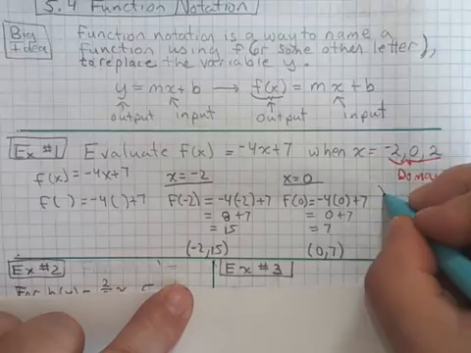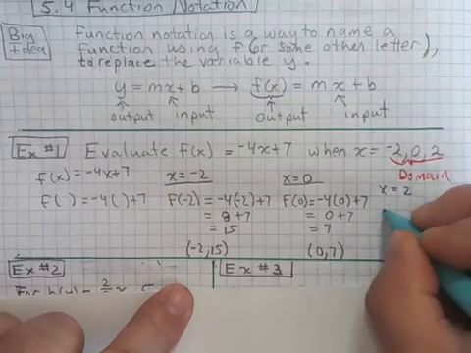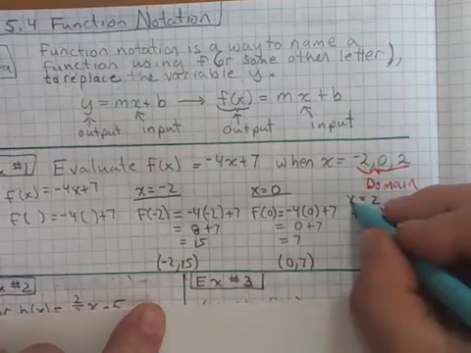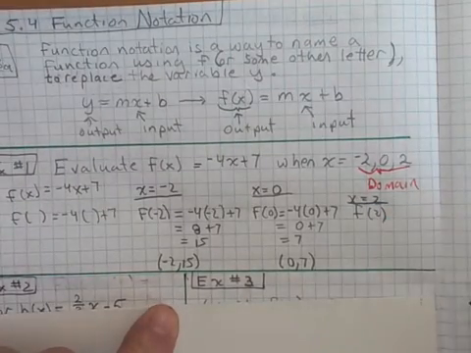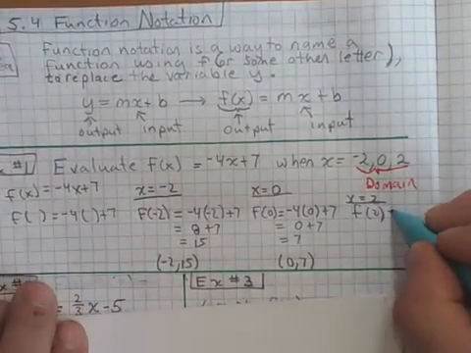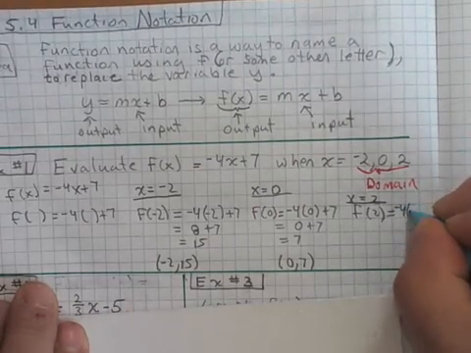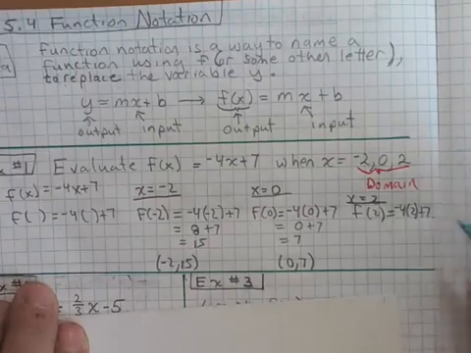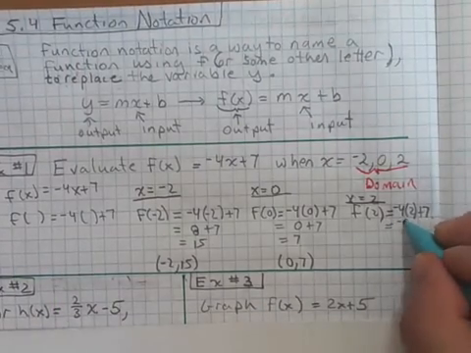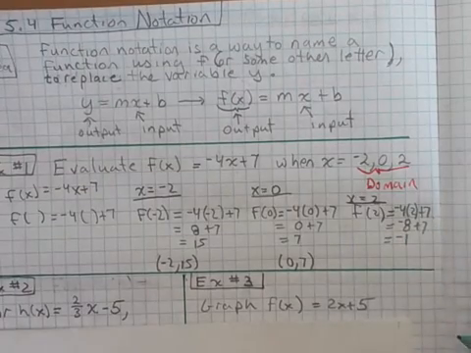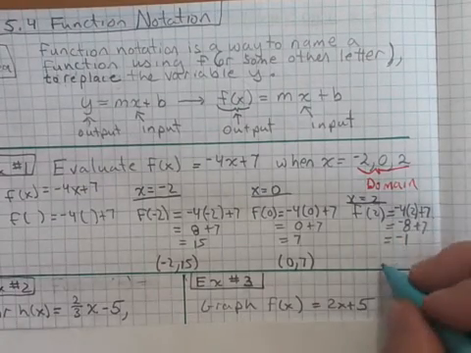And then finally, we're going to do x equals 2. Plug in 2. That's equal to -4 times 2 plus 7. That produces an output of -1.